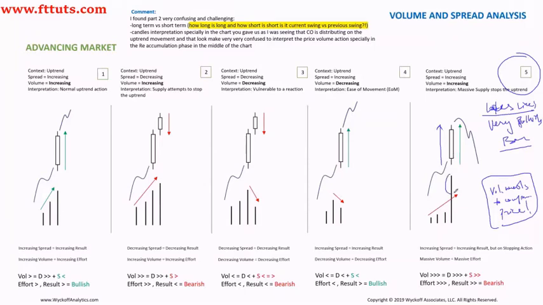And then the volume comes and increases significantly. So our first thinking, on the level of the basic knowledge that we have, is that the volume confirms the price. So this is the basic knowledge.